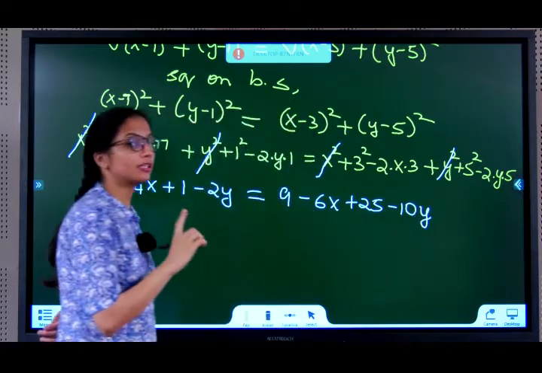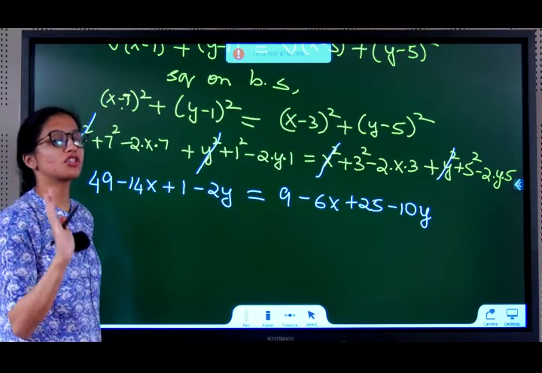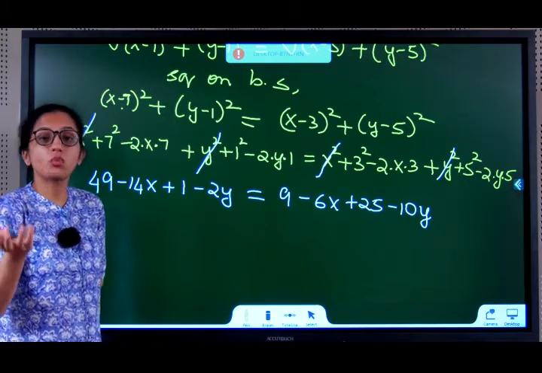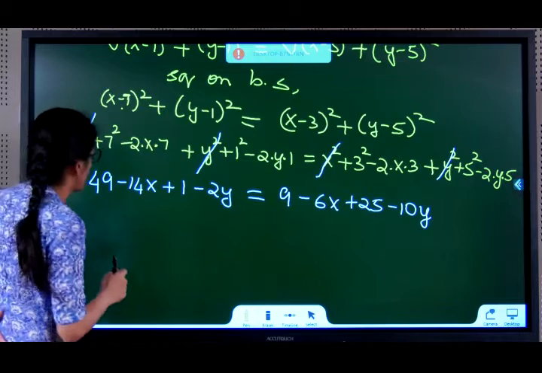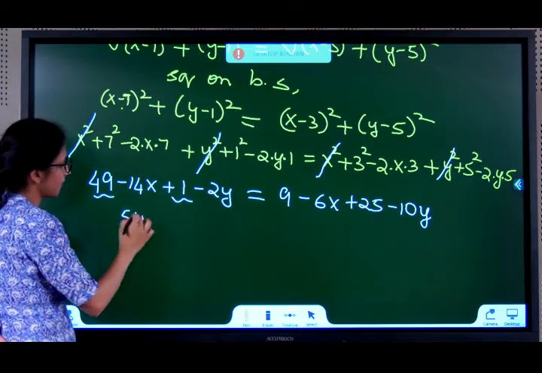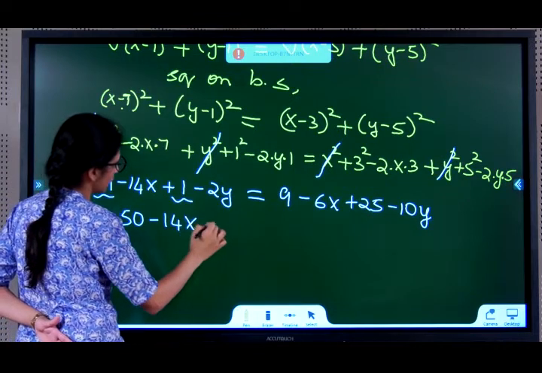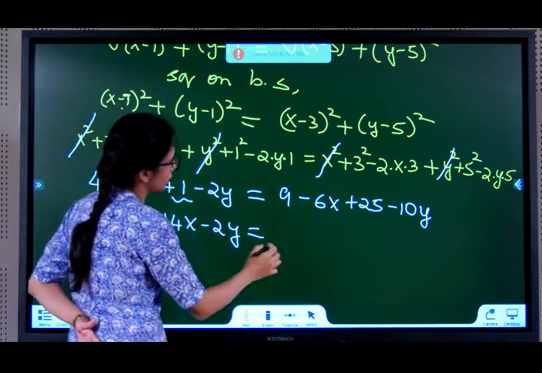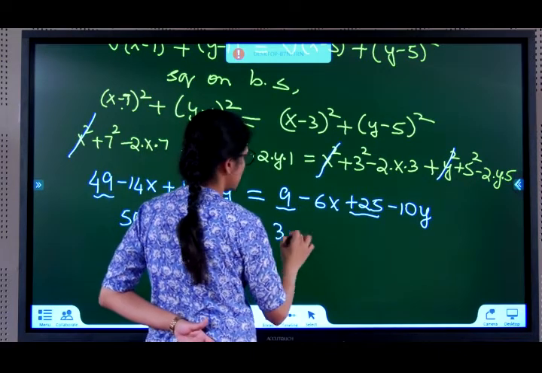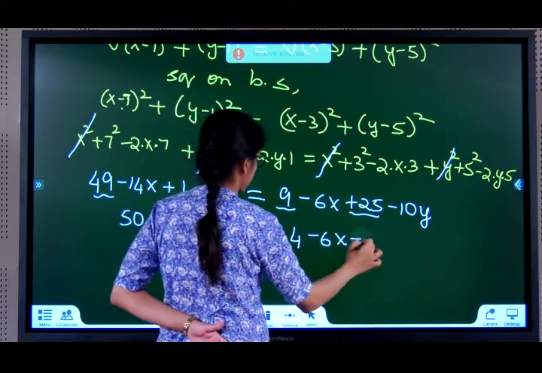In the question, they have not asked you to find the value of x and y, they have just asked you to find the relation. That means how are x and y related, or in other words, what is the equation? 49 plus 1, 50 minus 14x minus 2y is equal to 9 plus 25, 34 minus 6x minus 10y.